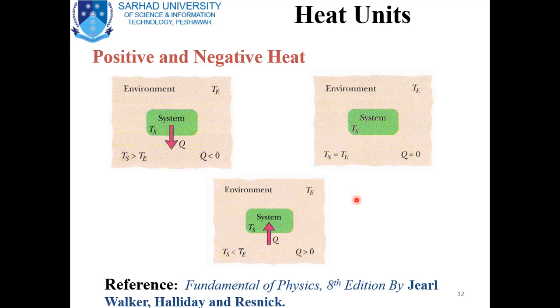And in the third figure, when the temperature TE is greater than TS, then heat must be added to the system. So this inward arrow represents that heat is added to the system, so Q is taken as positive, so Q is greater than 0.